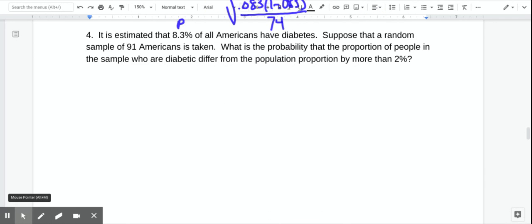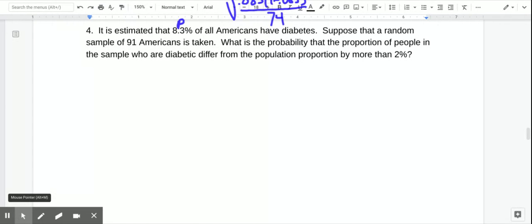All right, so we're still talking about our Americans with diabetes. It's estimated that 8.3% of all Americans have diabetes. That is our P. This time we're taking a random sample of 91 Americans, so that's N. What's the probability that the proportion of the people in the sample who are diabetic differs from the population proportion by more than 2%?